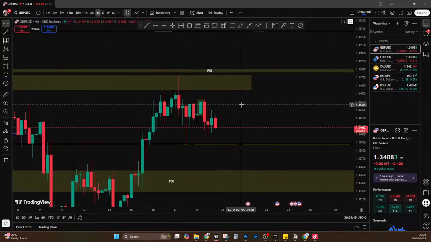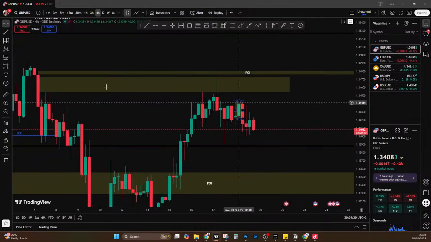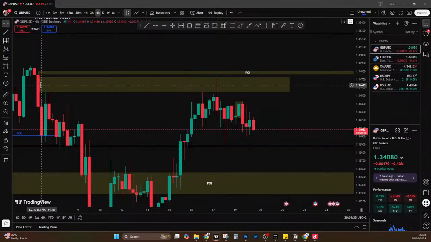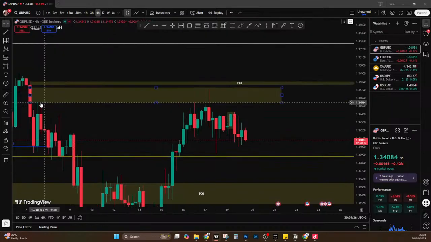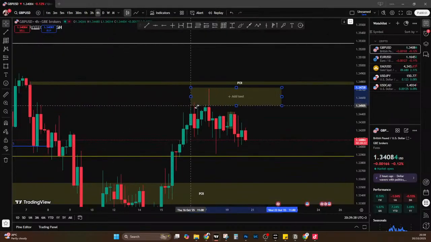Look at this. If this market took a POI from the FVG, remember this is unmitigated now, but the market took from the FVG. Before we get here, where else is the money this week?